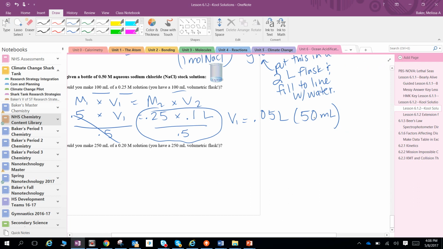So what does this mean? I would add 50 milliliters of the 0.5 molar NaCl solution to a 100 milliliter volumetric flask and fill to the line with water.